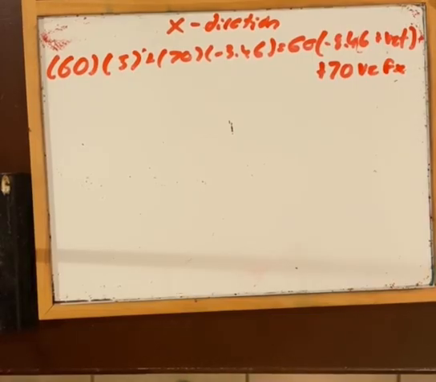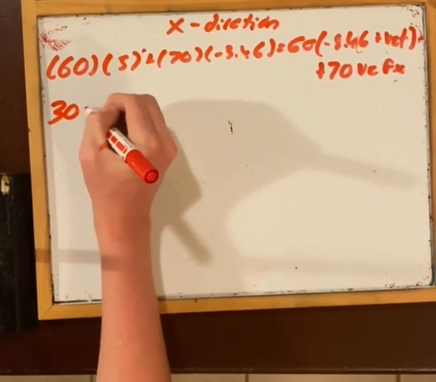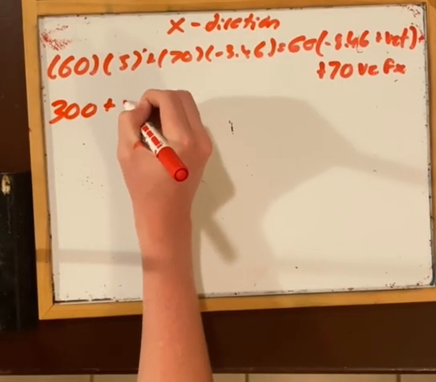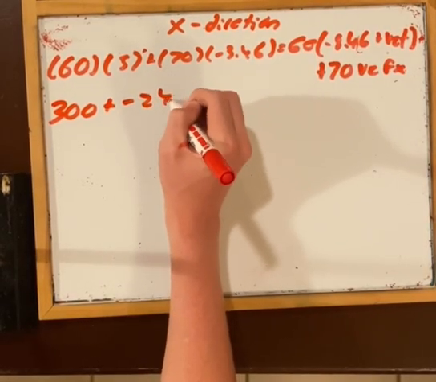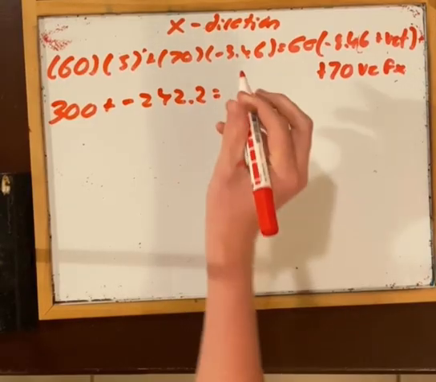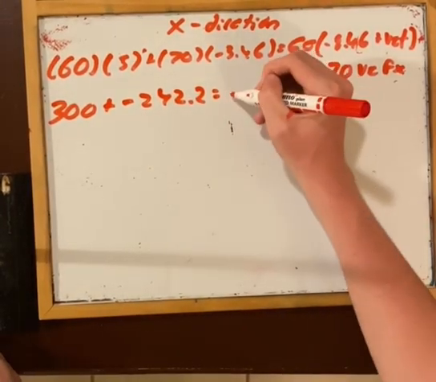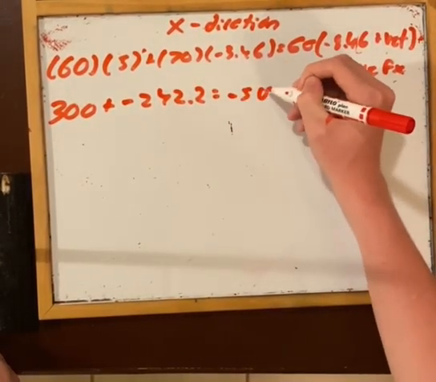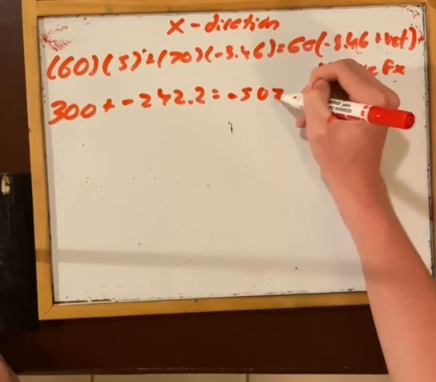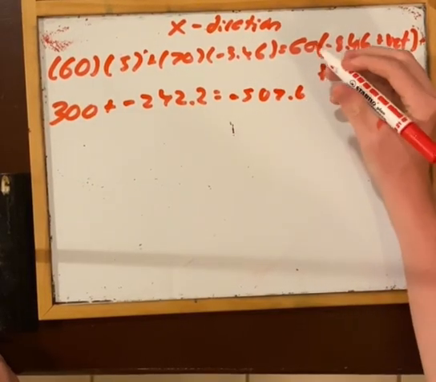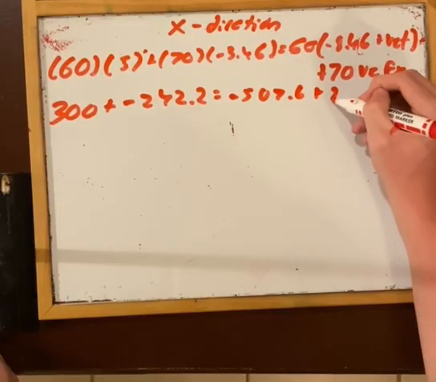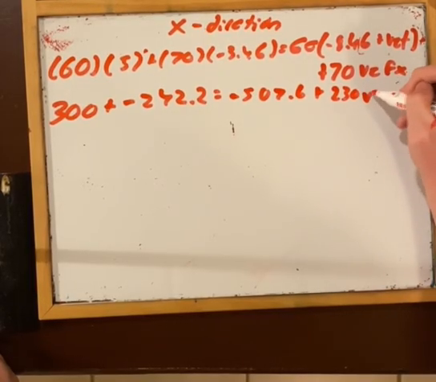Now after substituting our numbers in, we have to distribute. So it's 300 plus negative 242.2 equals negative 507.6 plus 130 v2f of x.